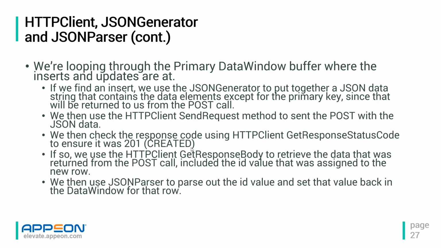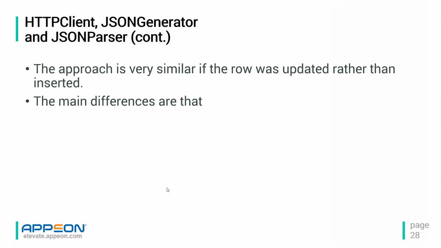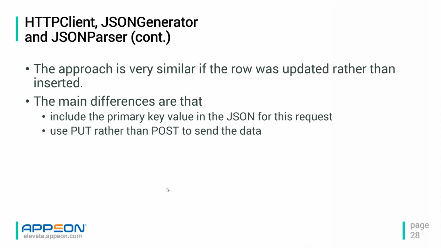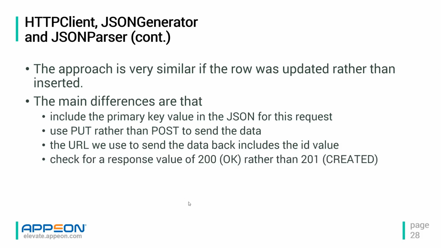So I do the post call, check for the 201, and then parse the ID value back out. If I'm doing an update, the primary key is part of the data, and we use the put instead of the post. The URL that we use includes the ID value. And we check for 200 rather than 201, because 201 means created, 200 just means the update worked.